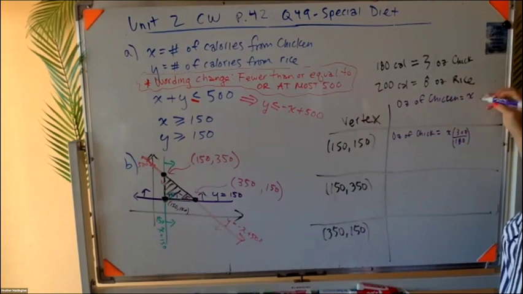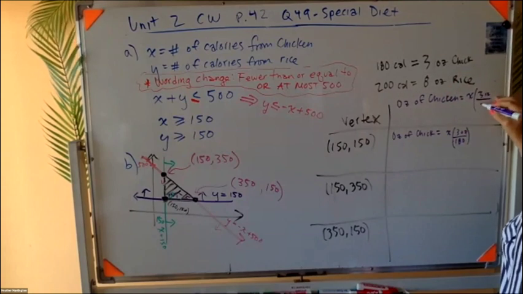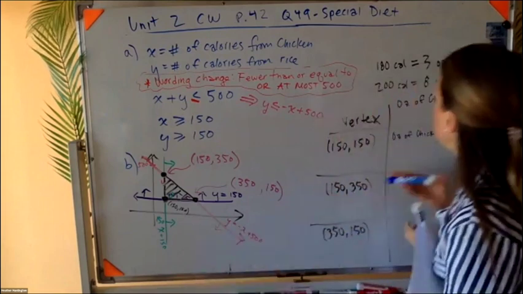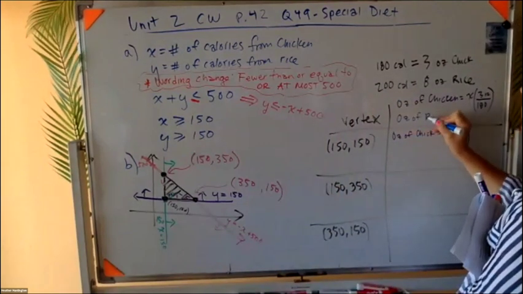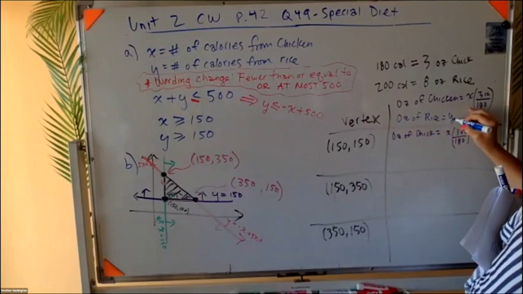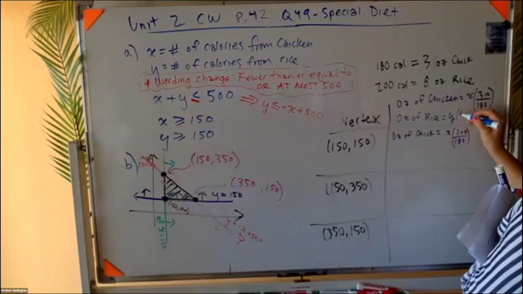We're going to do the same for the rice. Ounces of rice will be Y times 8 over 200.